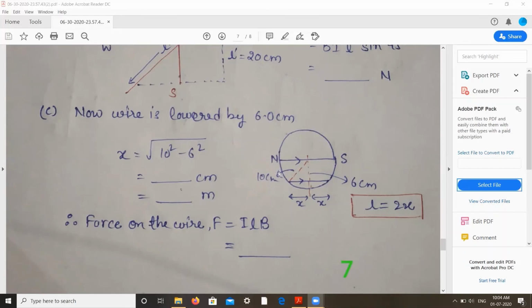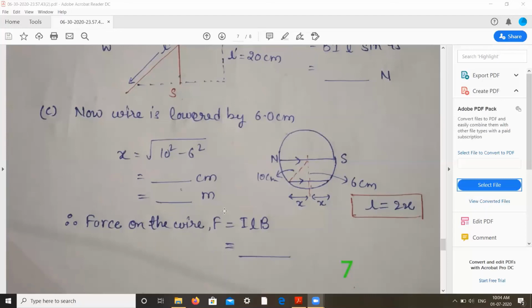I am simply using Pythagoras here to find this particular length x. I used the square root of 10 square minus 6 square. That gives a value of about 8 centimeter, and in meter it is 0.08 meter.